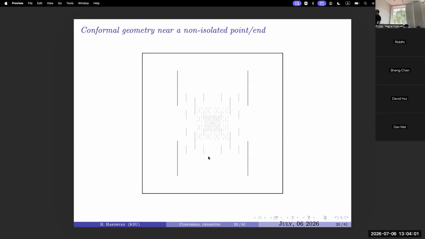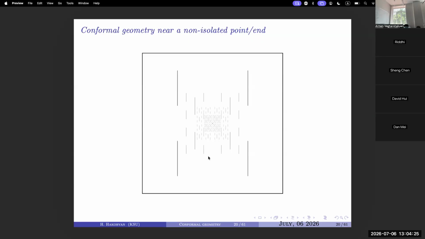You have this set. The way this is constructed, imagine I take the square, this is like [-1,1] squared. In each of these diagonal squares, I put a slit of length 1/2. So there are 4 slits of length 1/2.